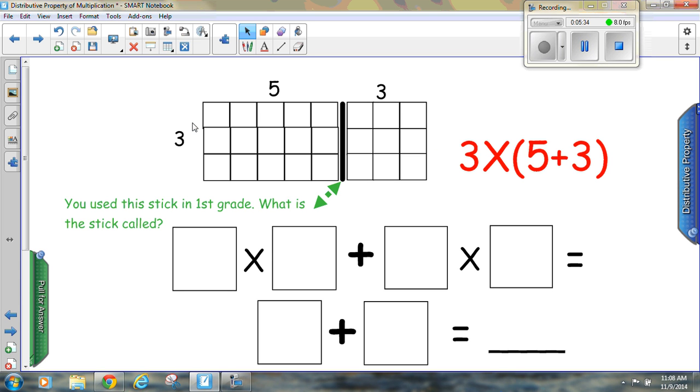In other words, we have 3 rows, so I'm going to put 3 here. We have 1, 2, 3 rows, so I'm going to write 3 here for number of rows. And then we have 1, 2, 3, 4, 5 columns before the break apart stick.